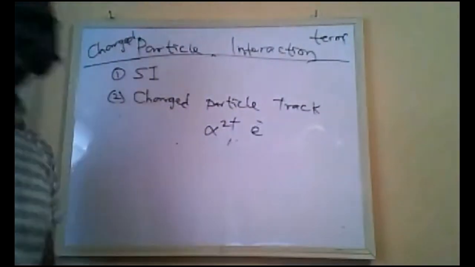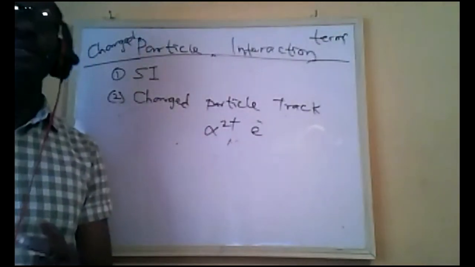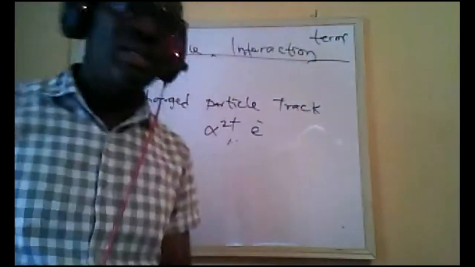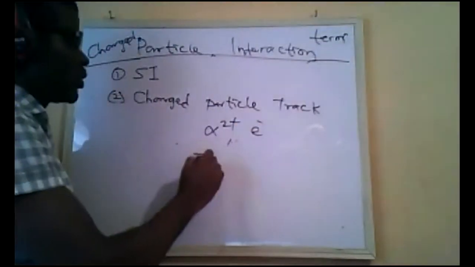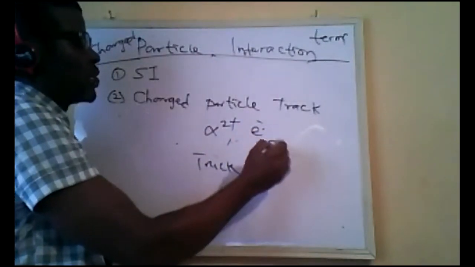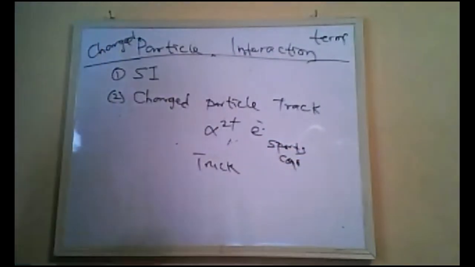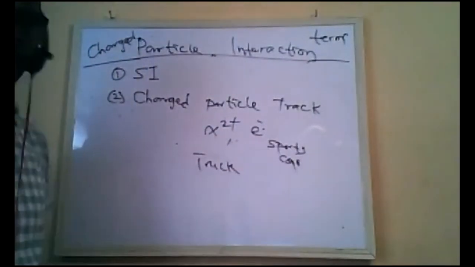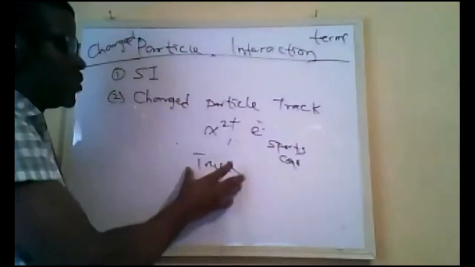an electron. Just imagine a sports car having a collision, maybe a side collision with a truck. We see the impact. Let's say this one is a truck and this one is a sports car. If they have an impact, the way the sports car is going to move will be different from the way the truck is going to move.